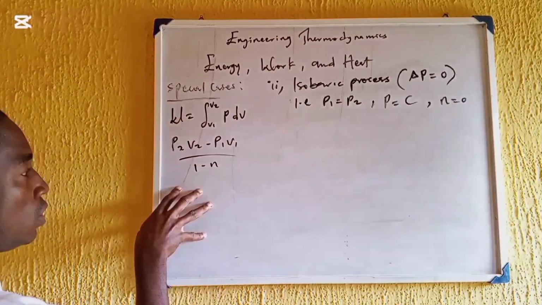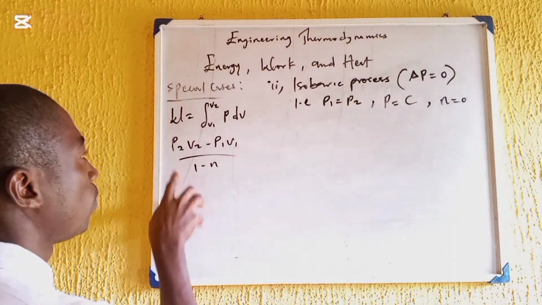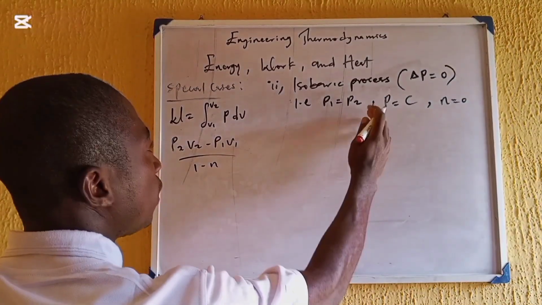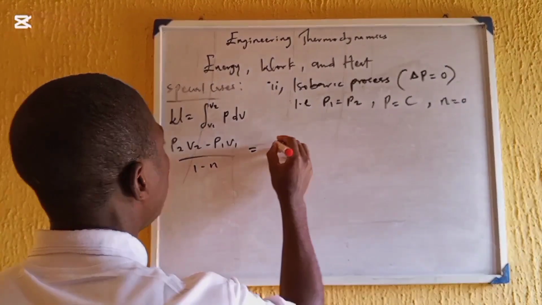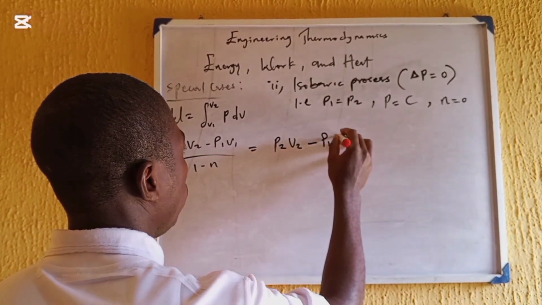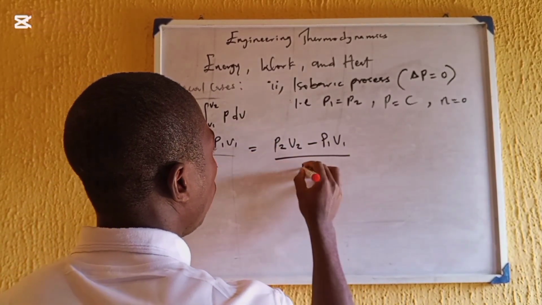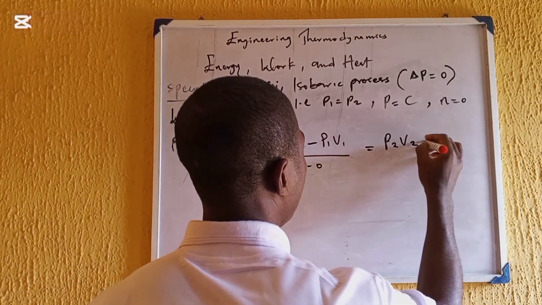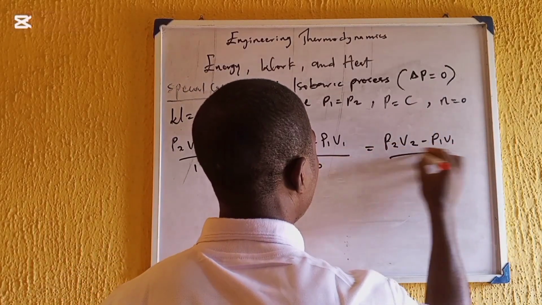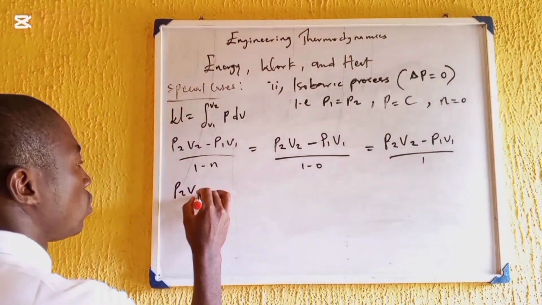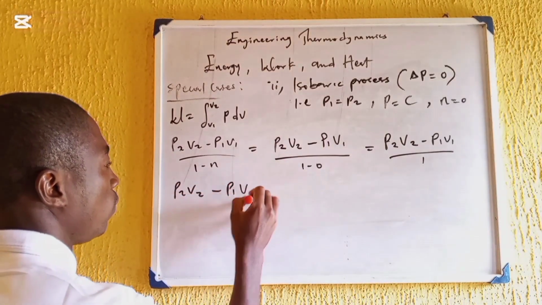Now let's come back to the polytropic process formula. P2V2 minus P1V1 over 1 minus n. Applying this here, we'll be having P2V2 minus P1V1 over 1 minus 0. That gives us P2V2 minus P1V1 over 1, and that gives us P2V2 minus P1V1.